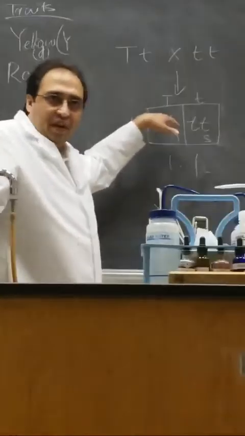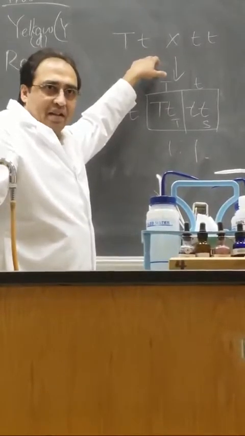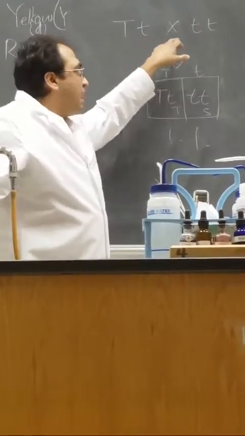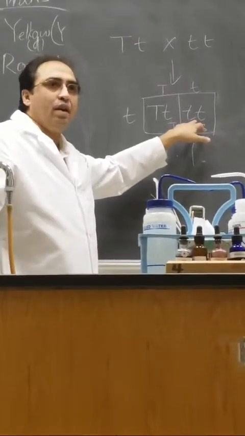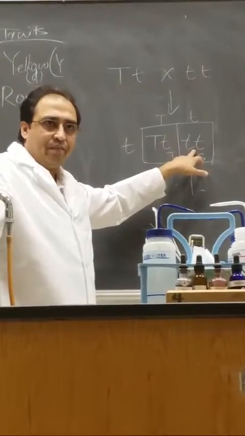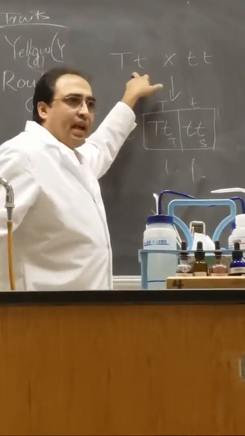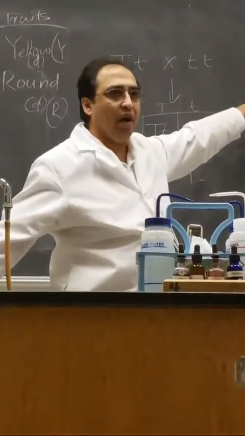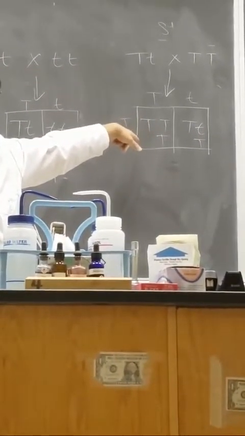If there is a heterozygous plant here and we cross that plant with the recessive one, there is a chance that we can separate out the recessive character. If I cross this heterozygous with the dominant one, there is no way we can separate out the recessive character.